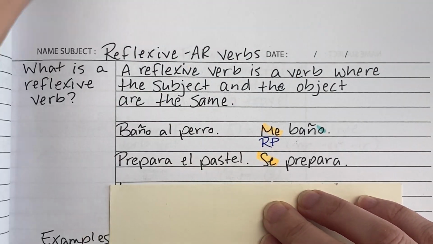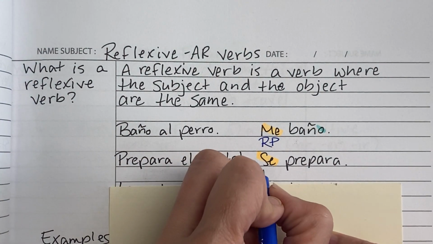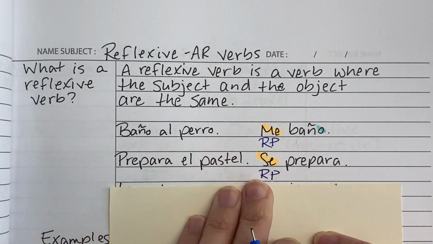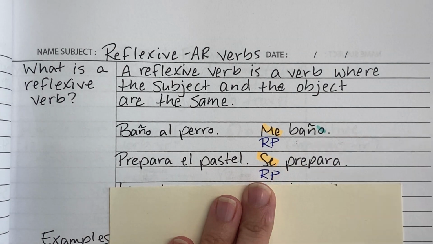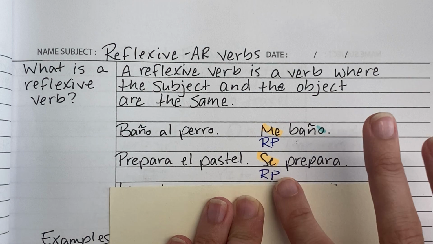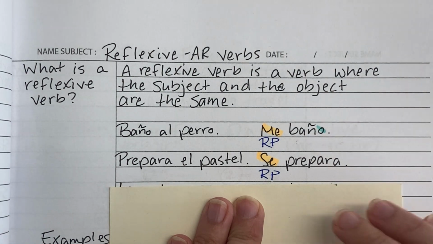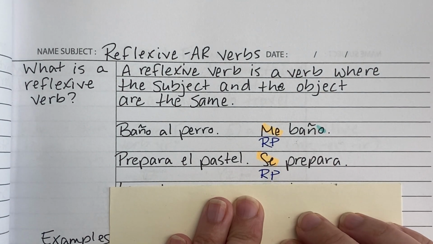So he or she prepares, and in this case, him or herself. The subject, he or she, and the object, the thing that they're preparing, in this case, him or herself, are the same, and we have this reflexive pronoun. We might say instead of he or she prepares him or herself, we might say he or she gets ready in English, and in Spanish, se prepara.